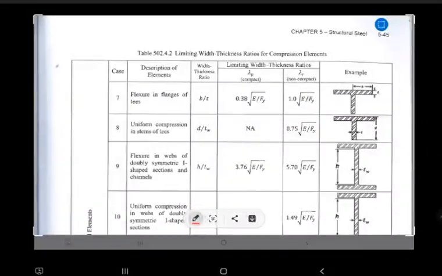Yung mga B/T na sinasabi natin, in this case, yan yung depth over thickness of the web for compression. At ito din, H over tw. Okay? Yung mga yan.